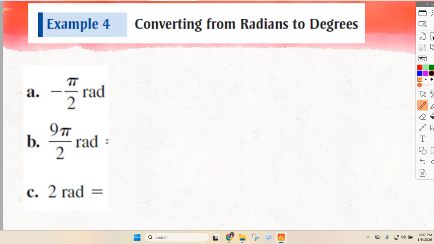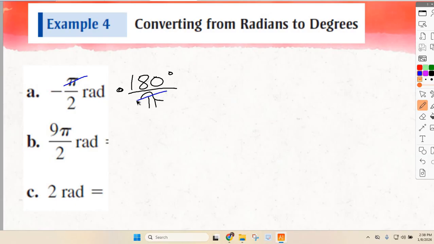But on that note, we still can convert things from radians to degrees if we need to. So basically, we are just going to flip the fraction that we multiply by now. Once we do that, we are able to get our pi's to reduce this time.